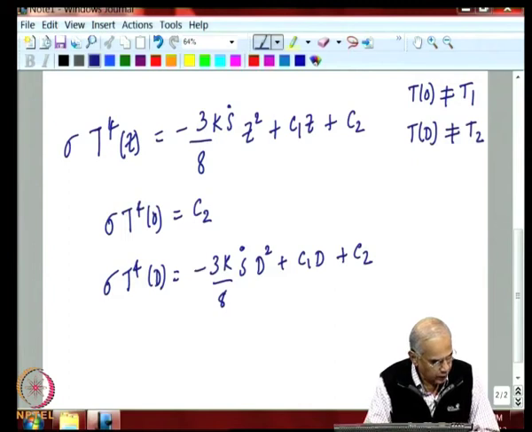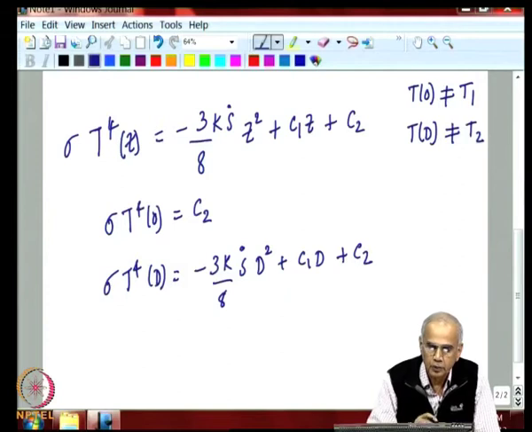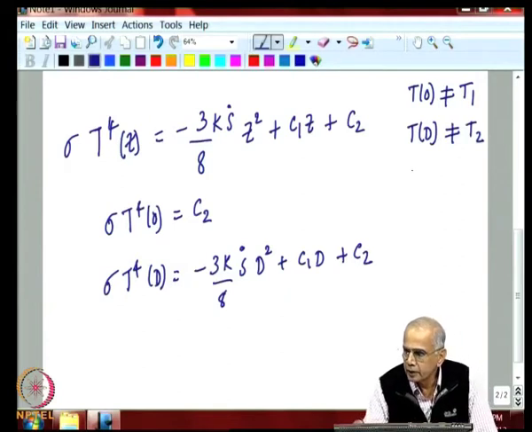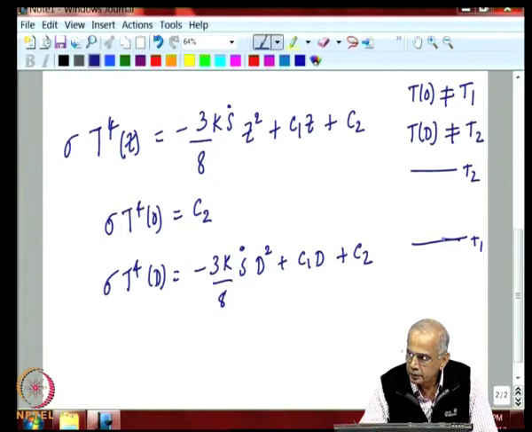But in order to relate this finally, remember that these two quantities are unknown quantities, these are not known. So, just to remind you that this is T2, this is T1, and so there is a temperature jump here, temperature goes like this, and there is a temperature jump here. Okay.